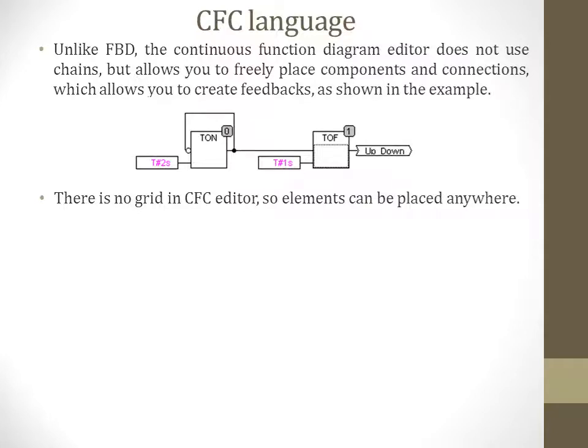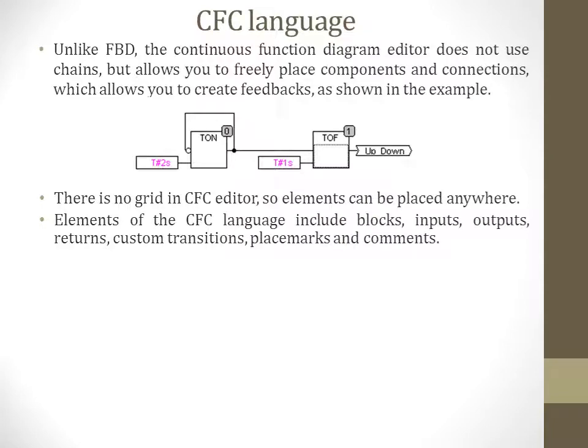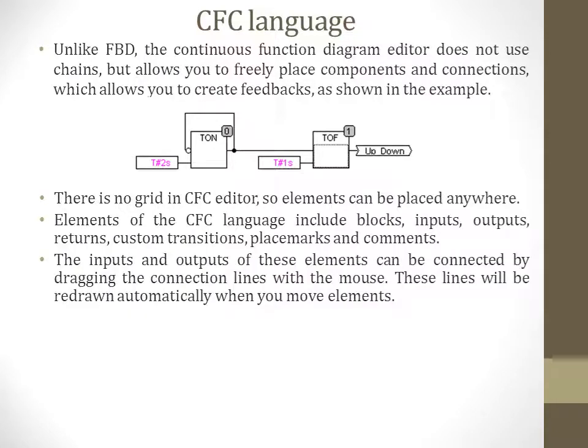Elements of the CFC language include blocks, inputs, outputs, returns, jumps, labels, and comments. The inputs and outputs of these elements can be connected by dragging the connection lines with the mouse.